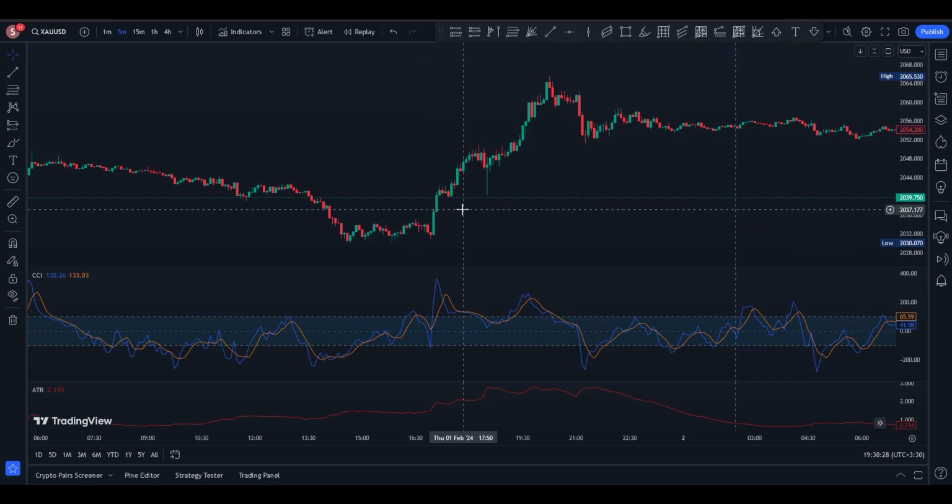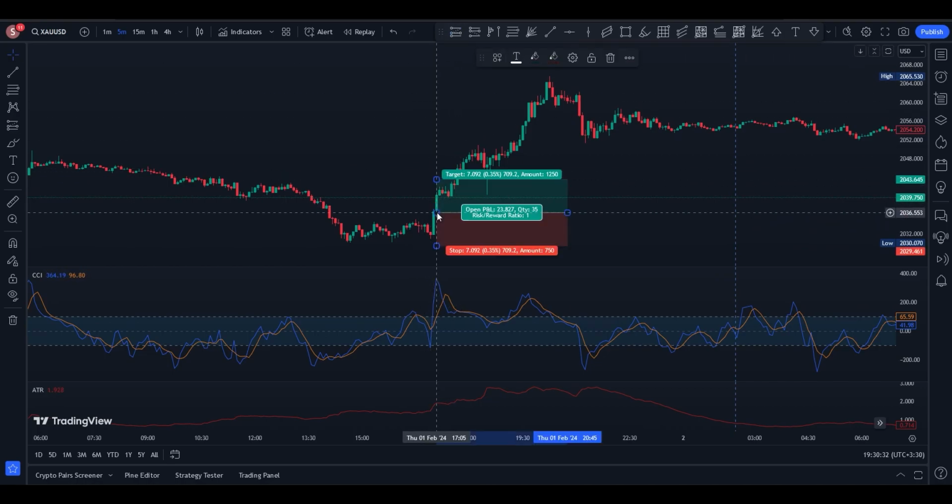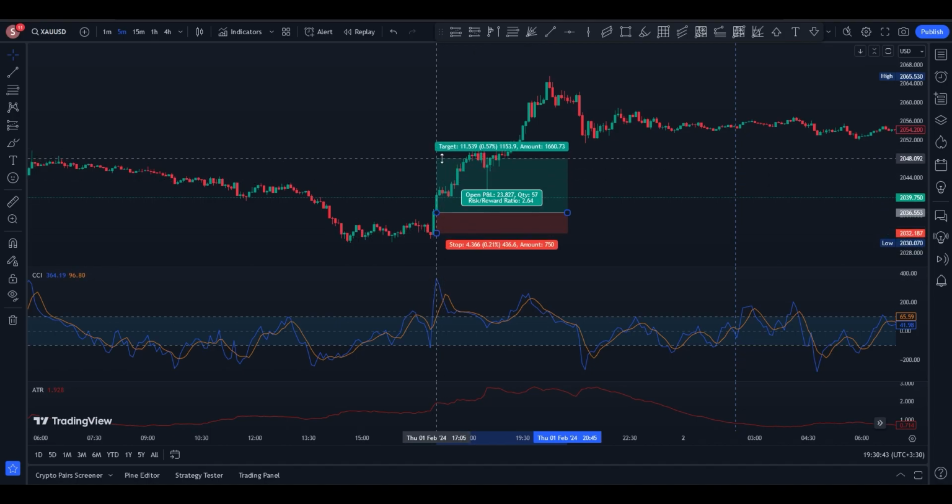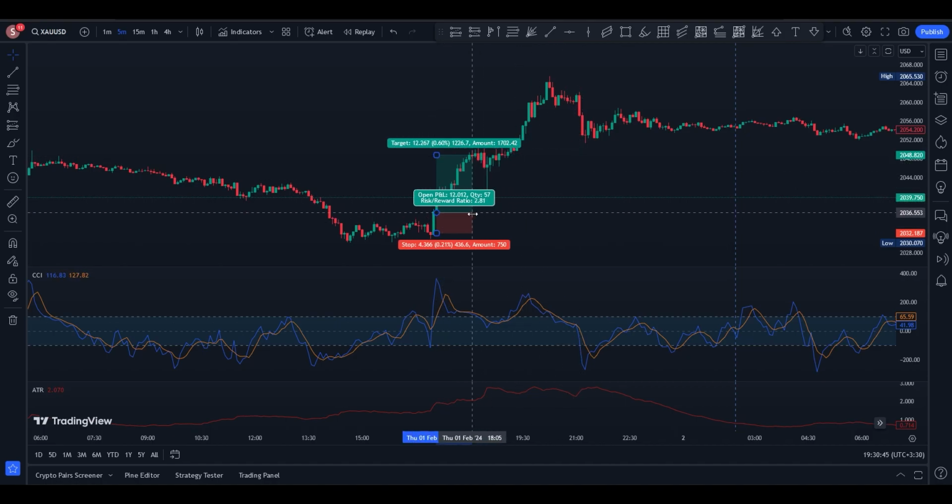Well, it enters for a long trade a little sooner than the ADX. Yeah, well, it hits the target a little sooner.